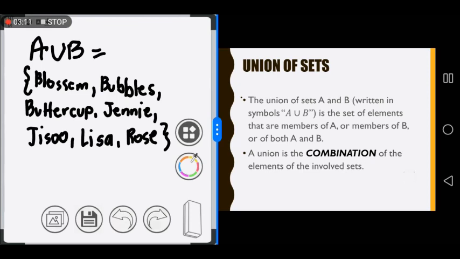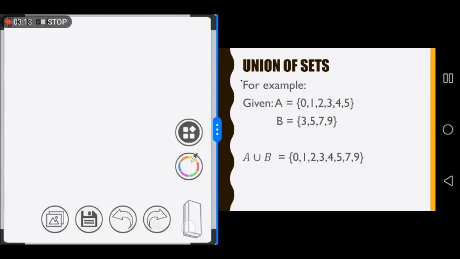Let us have the next example. So, applying these to numbers, we have, let's say, set A has elements 0, 1, 2, 3, 4, 5, and set B has elements 3, 5, 7, and 9. Our A union B will be 0, 1, 2, 3, 4, 5.